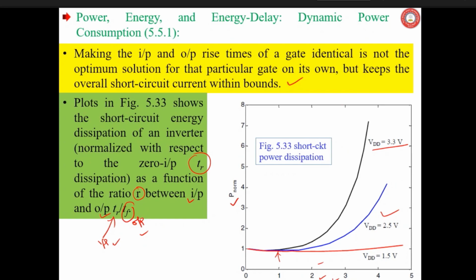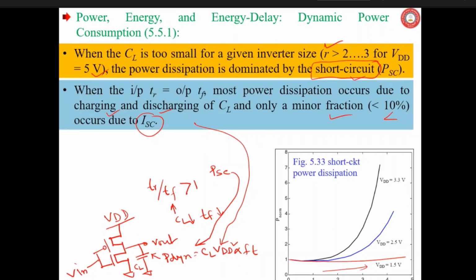Short circuit power dissipation plot. When the CL is too small for a given inverter size, R greater than 2, 3 for VDD equals to 5 volt, the power dissipation is dominated by the short circuit PSC.